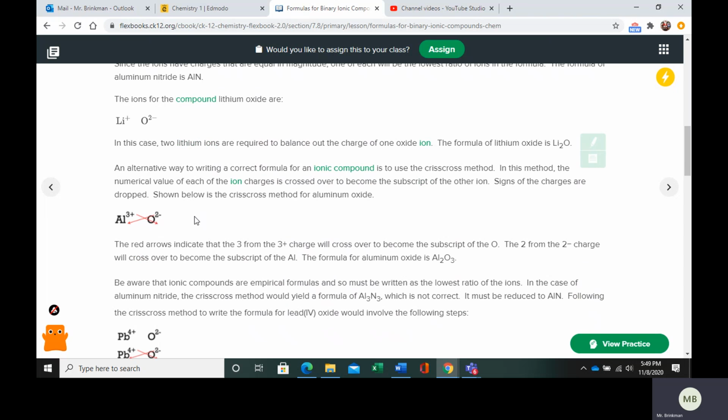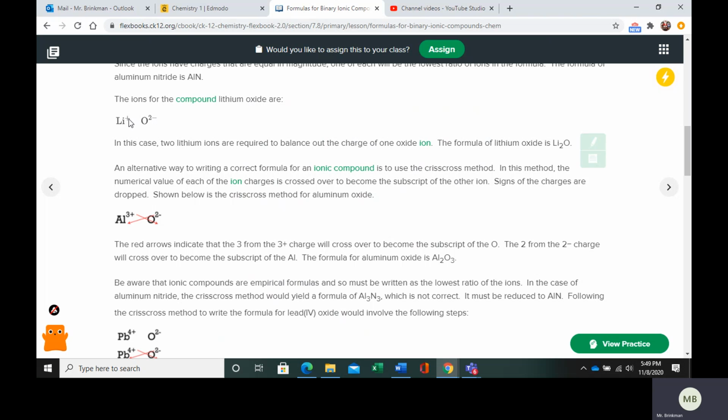Now we're going to step it up just a little bit. If you have lithium oxide, that's lithium, the metal ion, and oxygen, the nonmetal ion, with the prefix for oxygen and the suffix "ide." Lithium is a +1 ion, oxygen is a -2 ion.